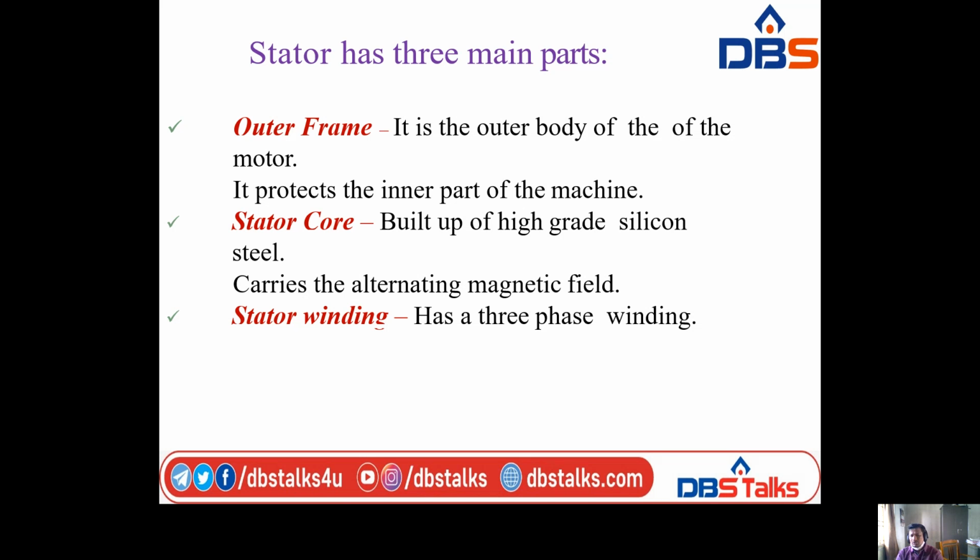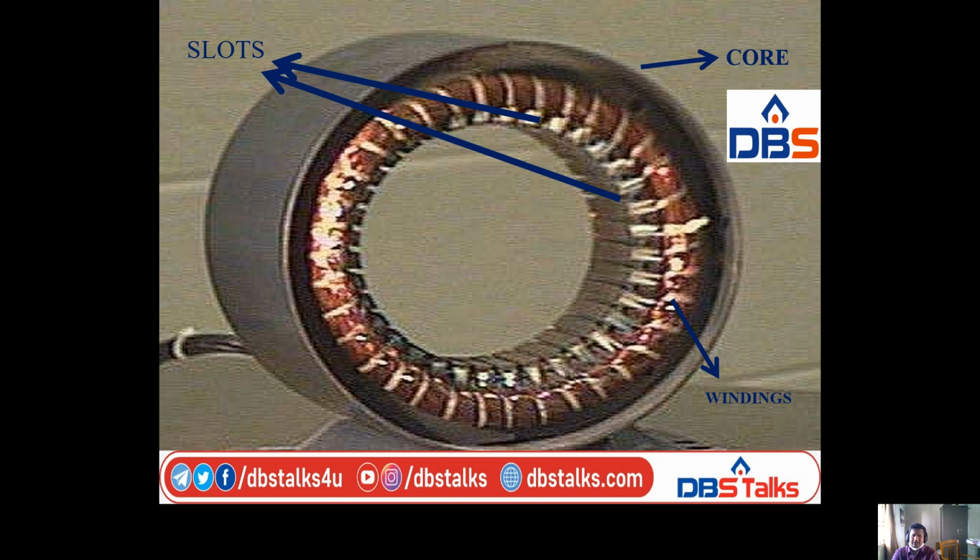Next one, the stator core. It is built up of high grade silicon steel material. It carries the alternating magnetic field, that is the rotating magnetic field. Whenever we give the AC supply to the stator, it develops the rotating magnetic field. And last is the stator winding. It is a three-phase winding and it carries the three-phase current. Look at the figures clearly.